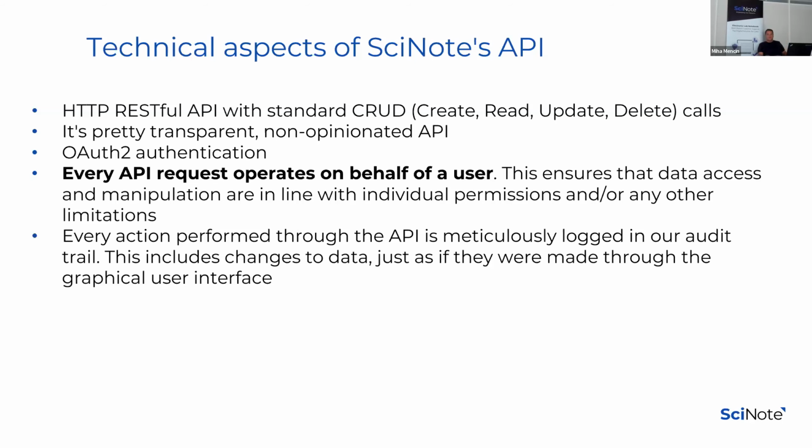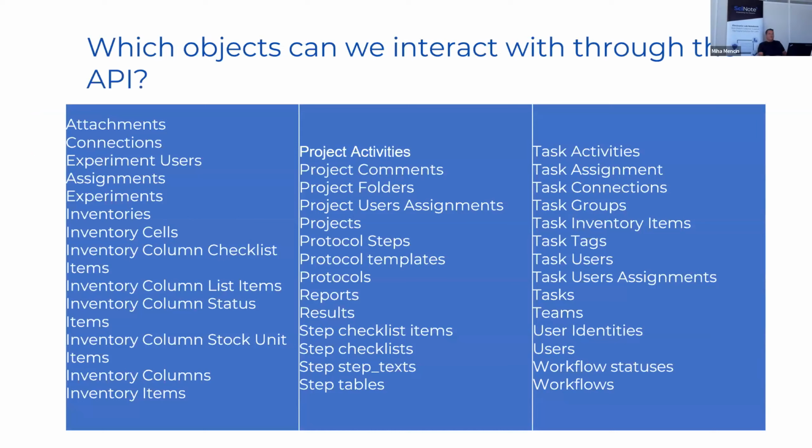Can we go to the next slide, please? I expect that at the end of this webinar, everybody knows the list of possible endpoints that we have in SciNote. As you can see, these are all of the endpoints that we have currently, and it's quite transparent.